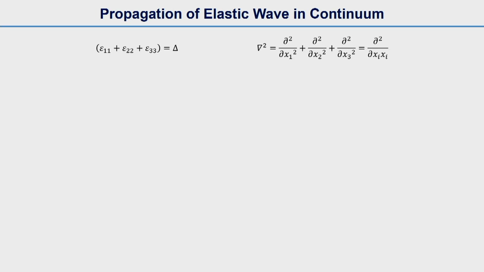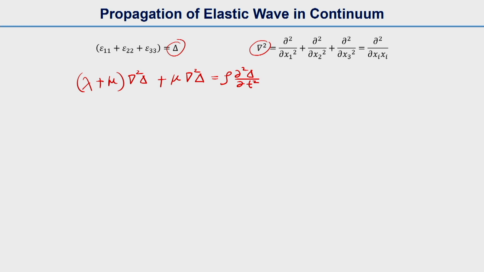So now if we use this delta and this nebula operator, from the previous equation we get lambda plus mu with the nebula operator and delta, plus the nebula operator with delta, equal to rho second partial of delta with respect to t.